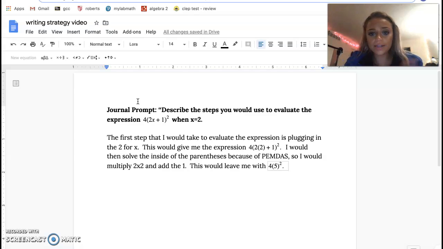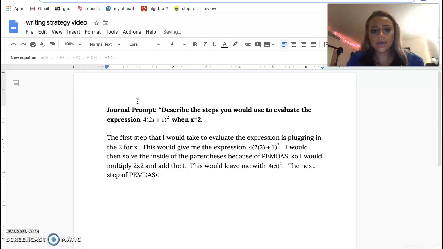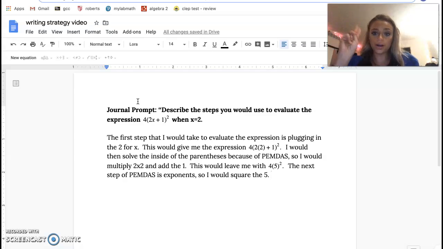I use PEMDAS. So now the next step of PEMDAS is exponents. So I would square, that is a mathematical term that I'm using, square the 5, because the 5 and the exponent of 2 are attached because of the parentheses attaching them.